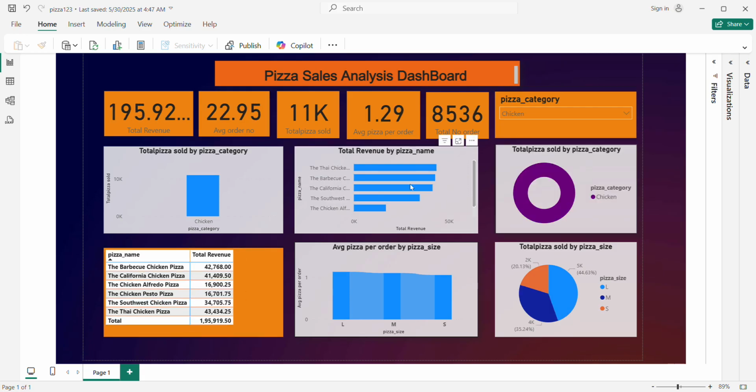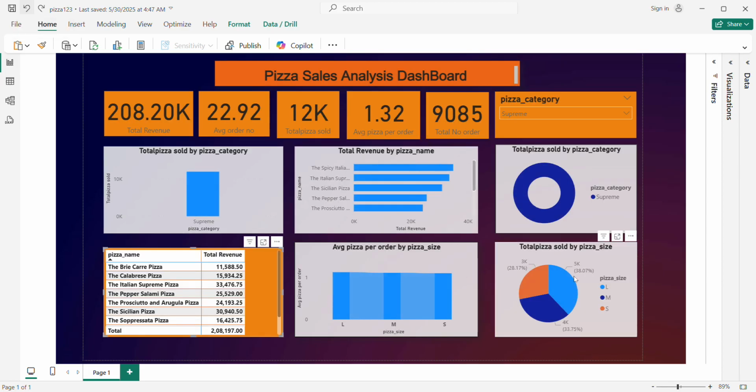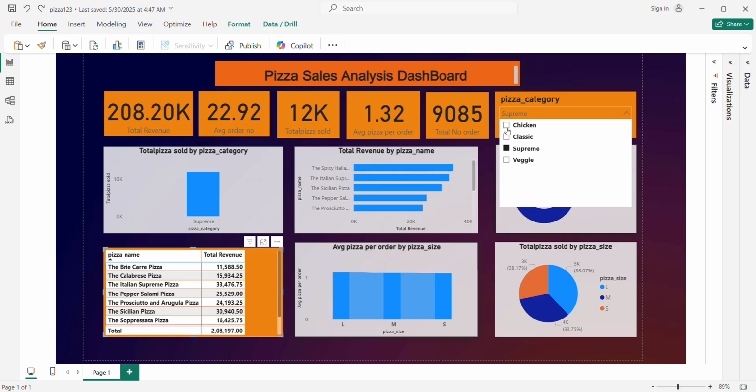Yes, so for chicken, the size decreases in that way, and large sizes increase. The maximum is 5K, then 4K, then 3K, meaning the large size is sold more, then 4K means medium size, and then small size is sold, and then comparison of the other, classic.